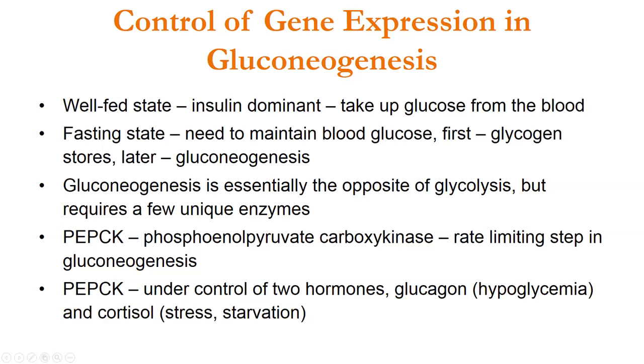There's this process, gluconeogenesis. I know you haven't seen that yet, but we will be talking about it shortly. This is making a new glucose molecule. And later on, I'll just give you some basics about why we would want to do this. So if we're in the well-fed state, that means you just ate. Insulin is going to be dominant.